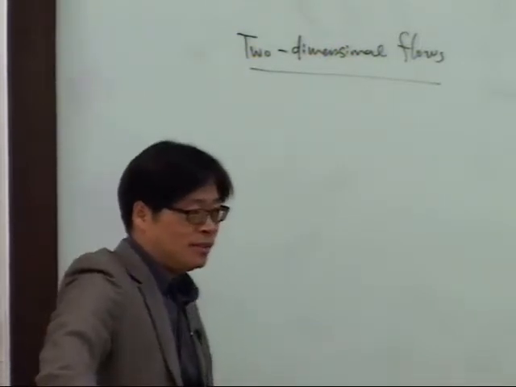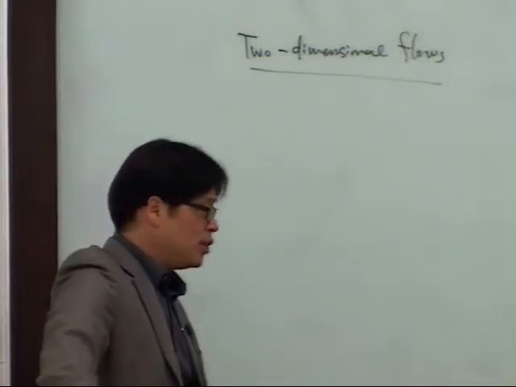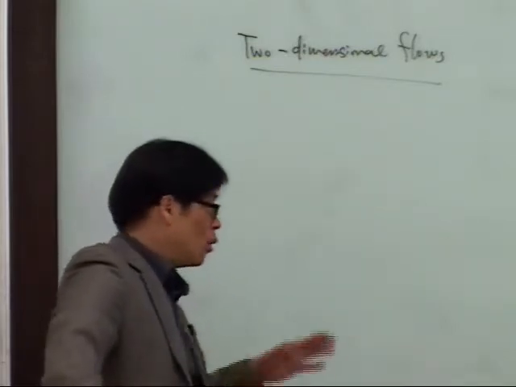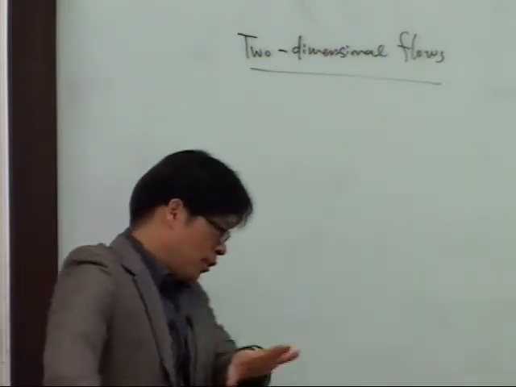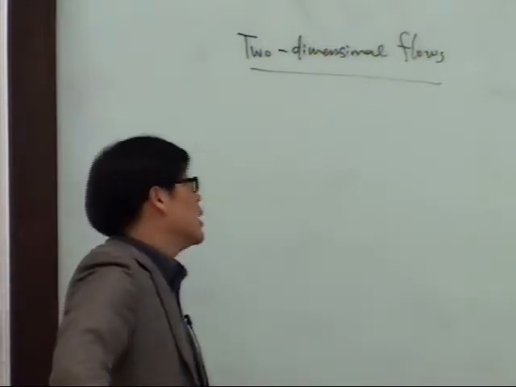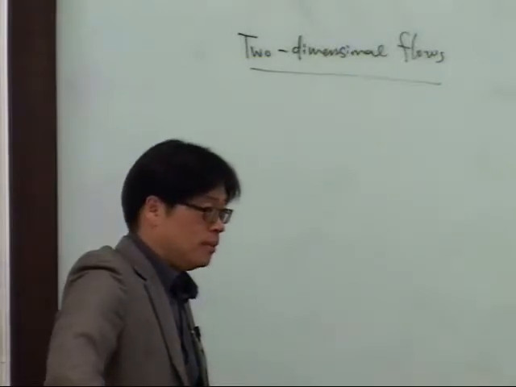Everything is three-dimensional, no matter what you do. Okay. But if the variation in one direction is very, very small, or the flow doesn't depend much on one of the three coordinates, then we can say approximately the flow is two-dimensional.